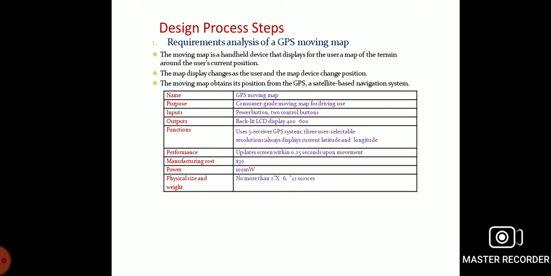The functions: it uses a five receiver GPS system, with three user selectable resolutions, and it always displays the current latitude and longitude. The performance: update the screen within 0.25 second upon movement. Then manufacturing cost, and power: it consumes a minimum of 10 milliwatts. And the physical size and weight should be no more than 2 to 6 ounces.